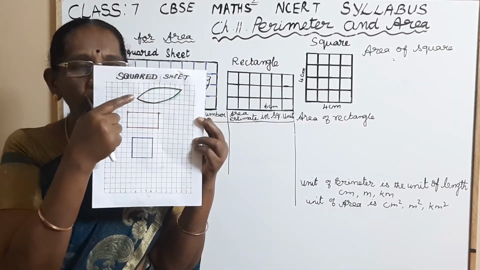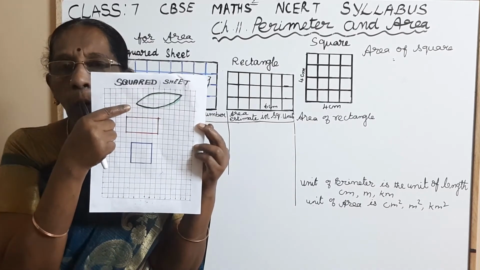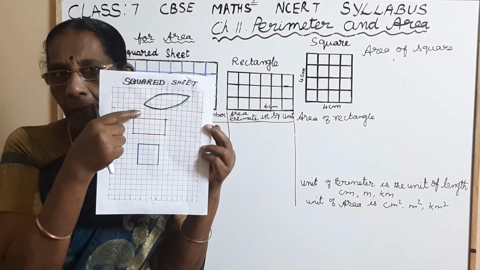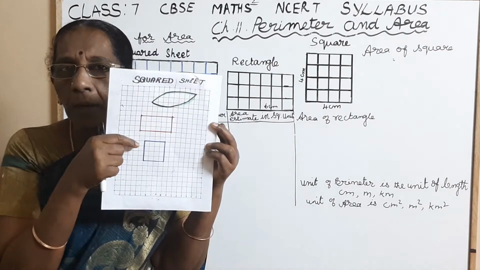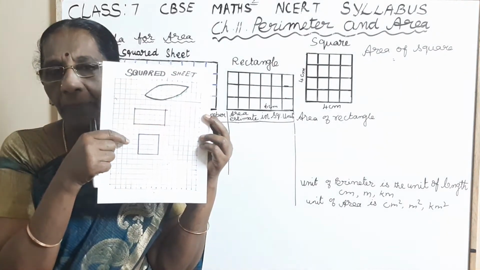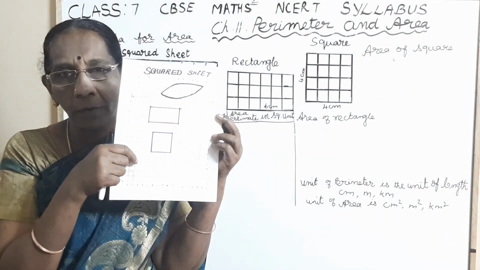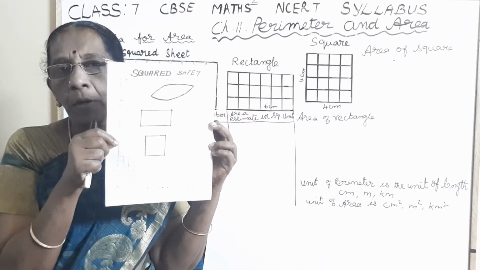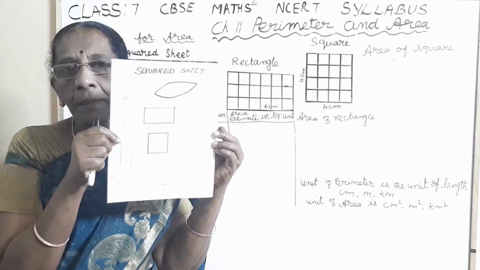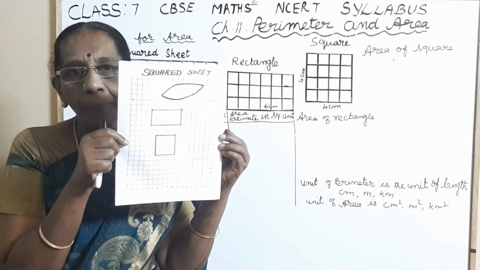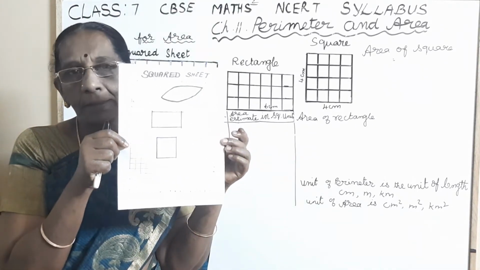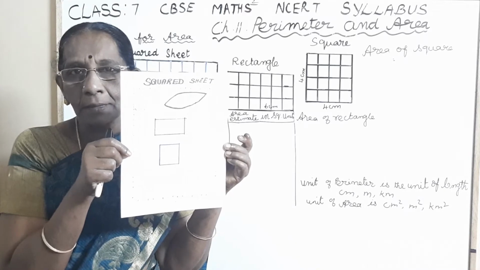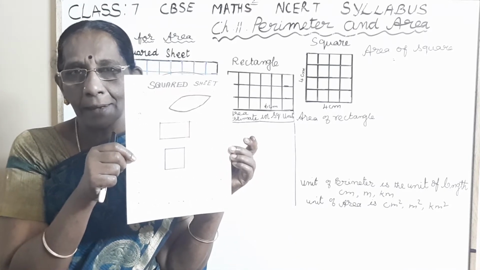And the first one is the outline of an irregular shape. Second one is the outline of a rectangle. And third one is the outline of a square. It is not possible to explain how to measure the area using this sheet because it will not be visible clearly.